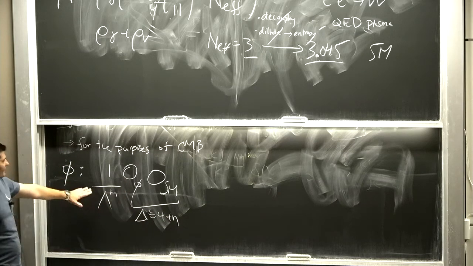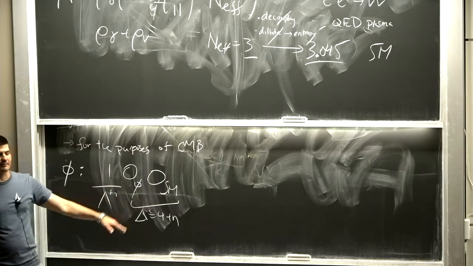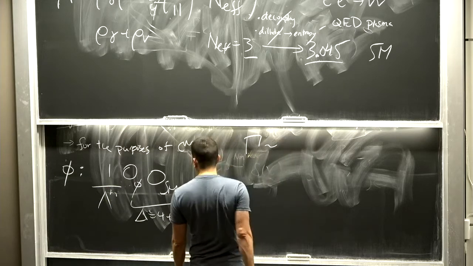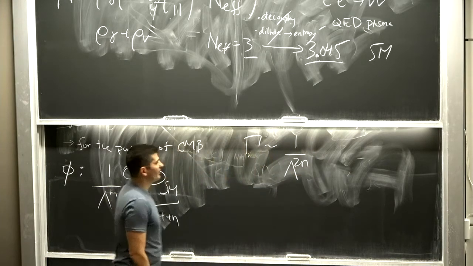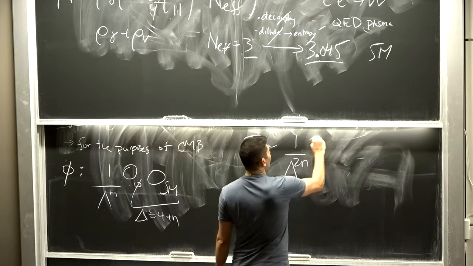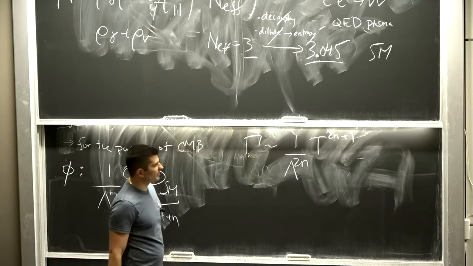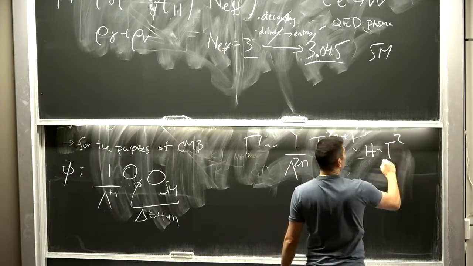Again, we just write down some effective operator that allows phi and the Standard Model to come into equilibrium. So there's some production rate that, again, we can just get from the units. It goes like the scale, this capital lambda, to the 2n. Because it's a rate, it must go like T to the 2n plus 1. We're going to compare that to Hubble, which again was T squared over M Planck.